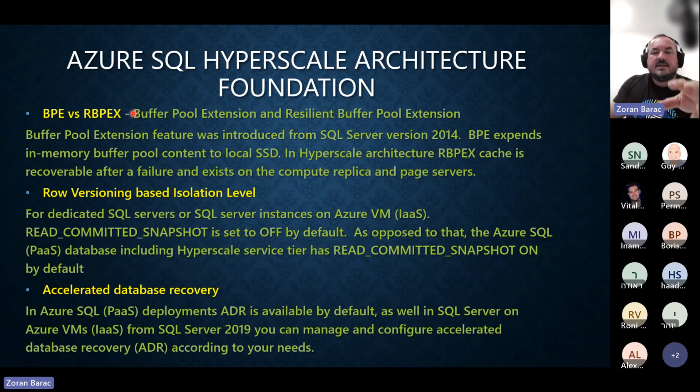You will have 3 times that, so a little bit about 30 gigs of resilient buffer pool extension cache on your compute node. That's really important to remember because there are 2 resilient buffer pools. You're going to have them on a compute node and on a page server. One is covering cache, one is not covering cache.